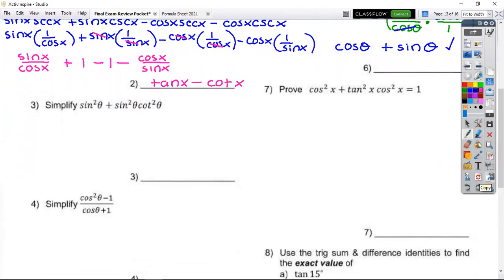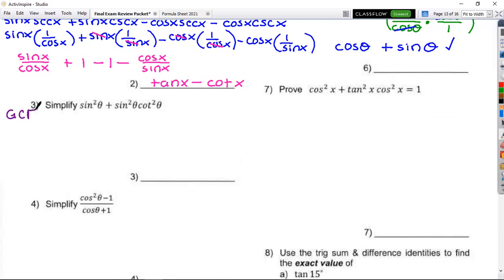Number 3 says to simplify. Now, if you look at this, you will notice that both expressions share sine squared theta. So I'm going to GCF that out. So I'm going to write a GCF here. So I have sine squared theta multiplied by 1 plus cotangent squared theta.